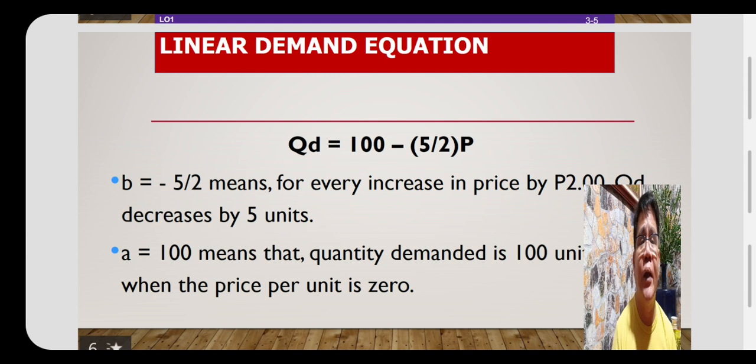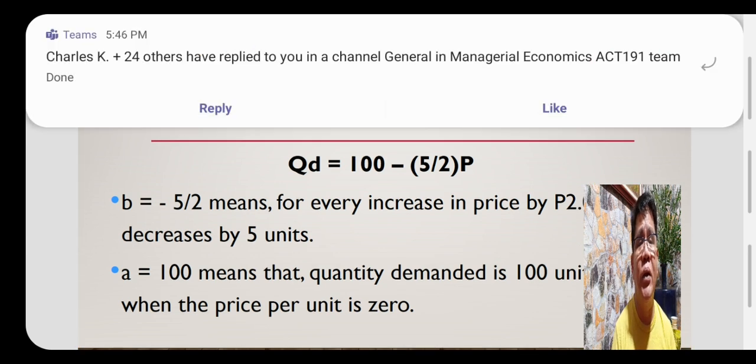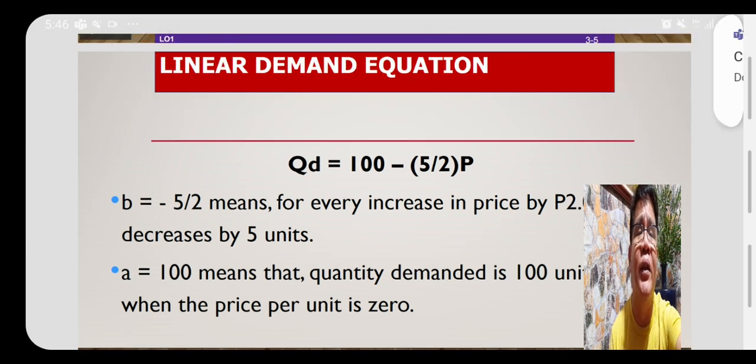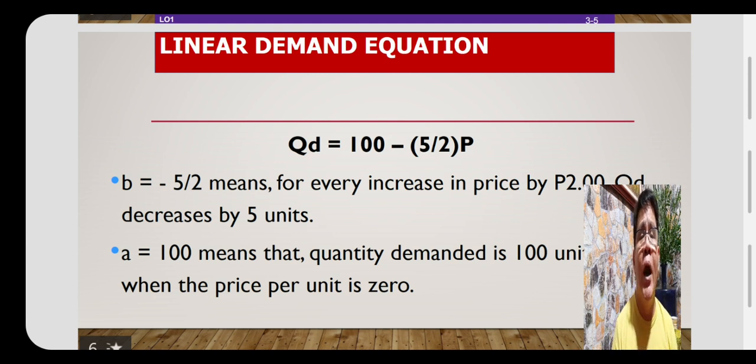Between the quantity and price, what will change first is the independent variable before a change in the dependent variable can be observed.